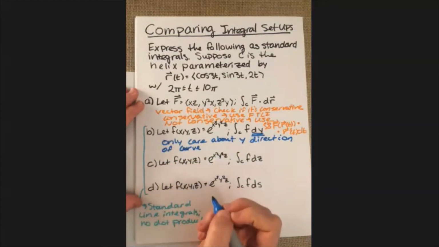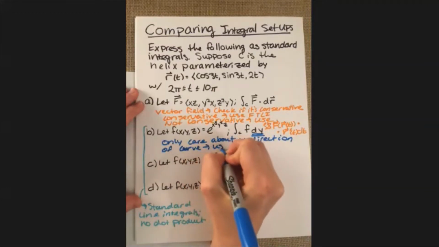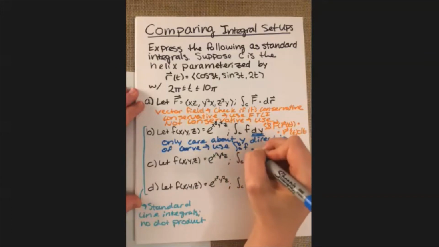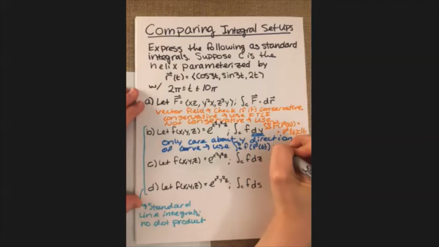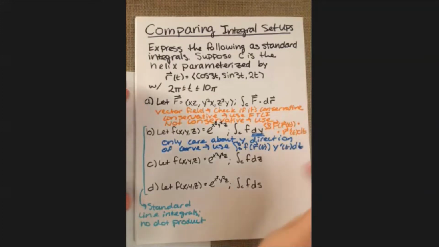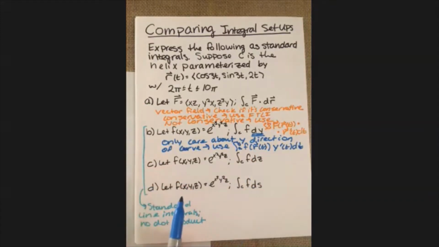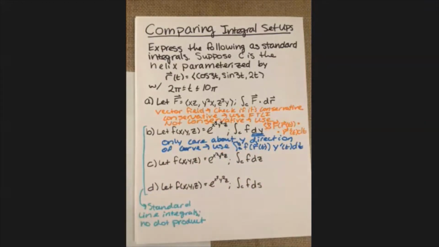Which means that we want to use the integral from a to b of little f evaluated at r of t times the derivative of the parameterization, the y component of the parameterization, just like so. So these are both numbers. There's no dot product or anything like that. But that's pretty much all there is to that, because we really only want to consider the y component.